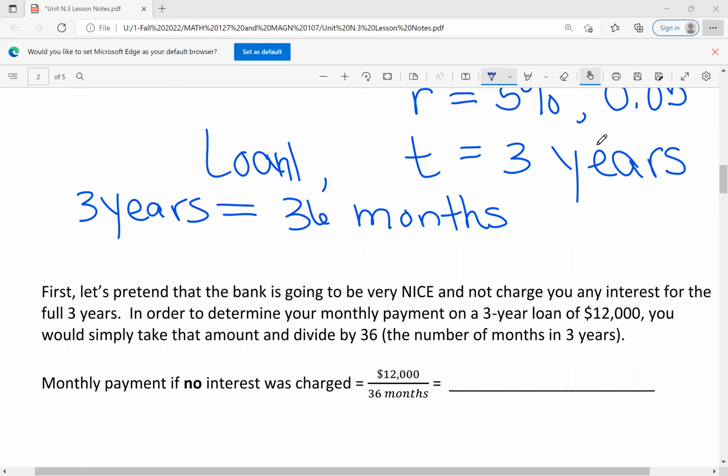So to determine our monthly payment, if no interest was charged, we're going to take that $12,000 and divide by 36 months. And that gives us $333.33, rounded to the nearest penny.